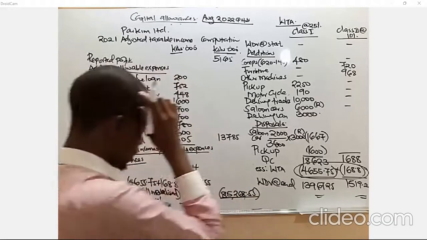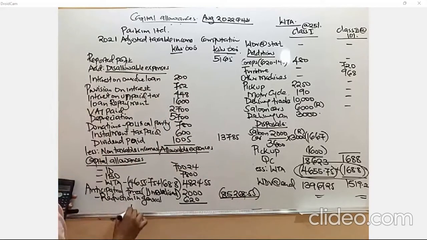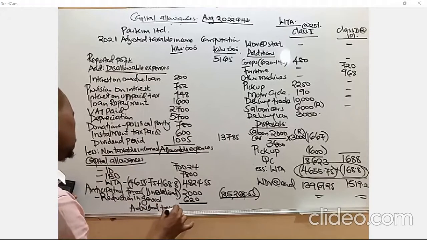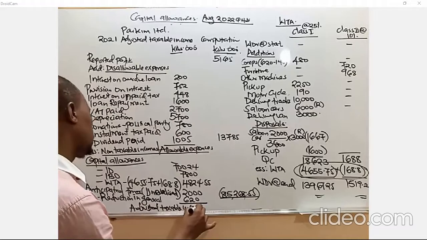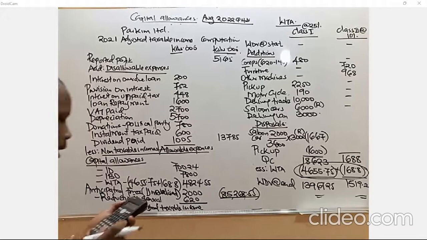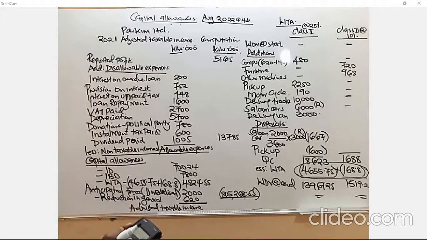What is your tax adjusted taxable income? So the adjusted taxable income will be 5,165 plus 13,785 minus the answer. How much are we getting here?